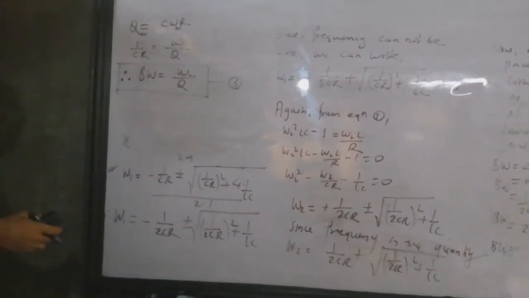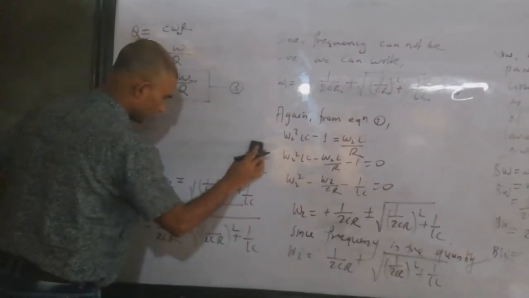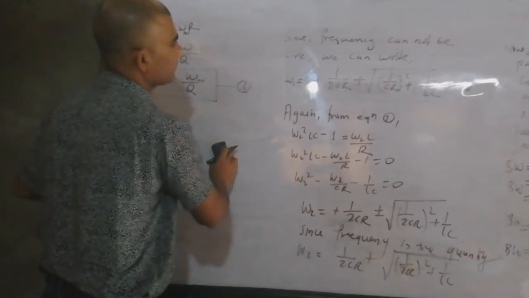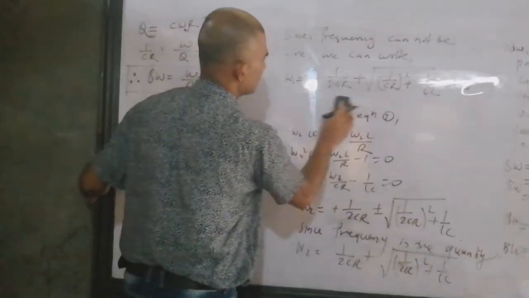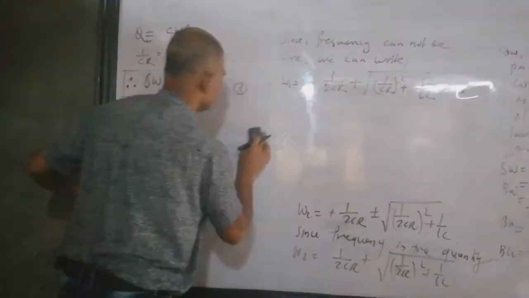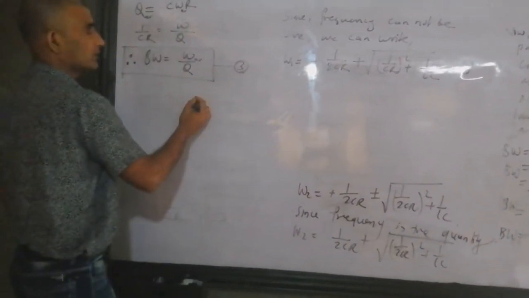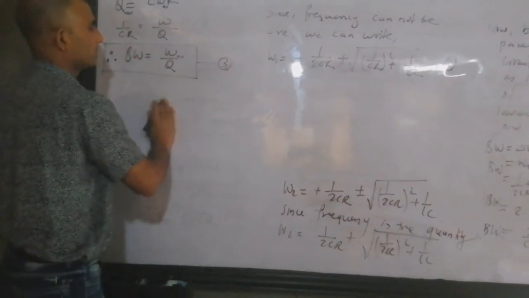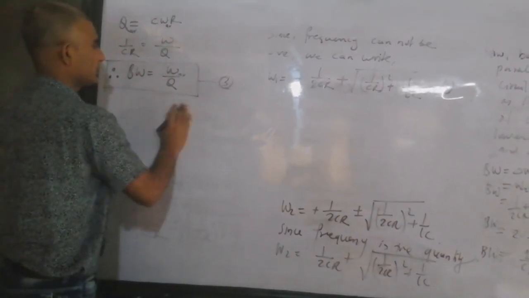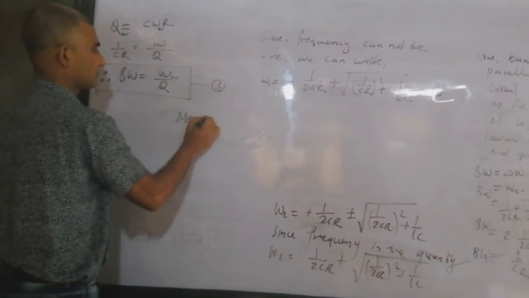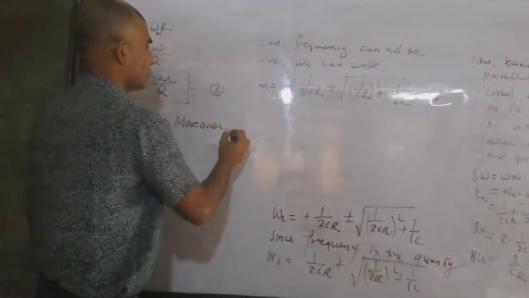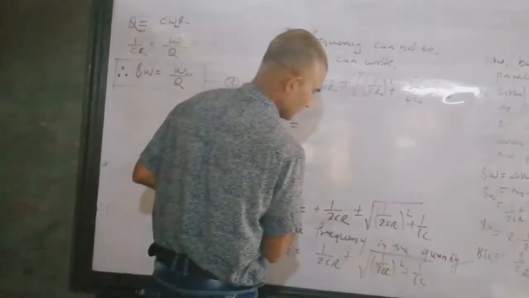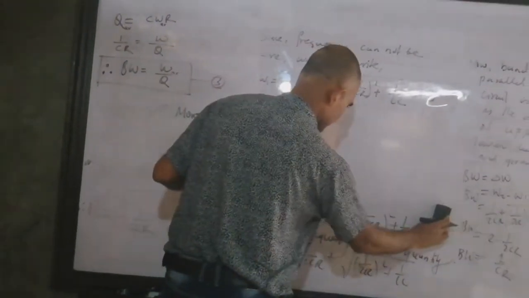But one more thing we want to see from here: let's multiply these two frequencies, what do we get? When we multiply the lower cutoff and upper cutoff frequency, we get something new. Let's see what. So multiplying omega 1 into omega 2, we are multiplying the upper and lower cutoff frequency.